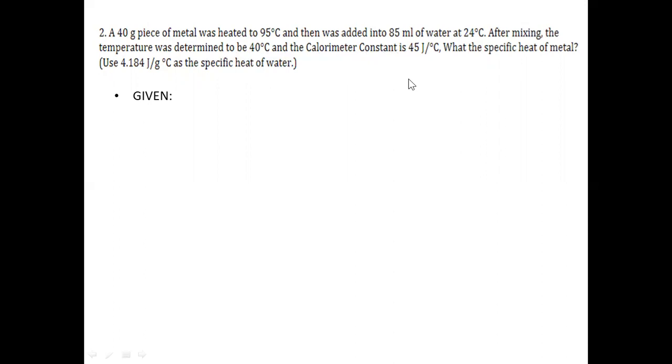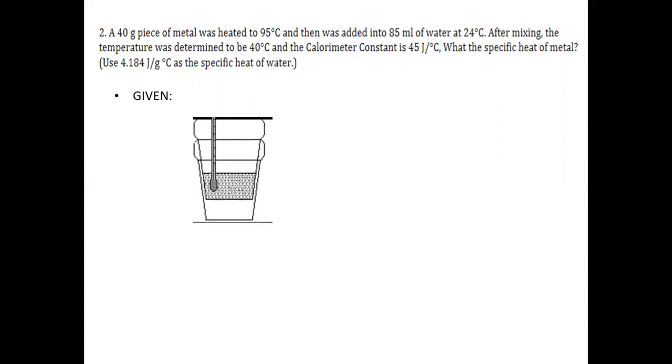Now let's proceed. We are given a calorimeter wherein the calorimeter contains water at 85 ml and the initial temperature is 24 degrees Celsius. The mass of the water, if you multiply the volume of water with the density of the water, which is always 1 gram per ml, gives us a mass of 85 grams.